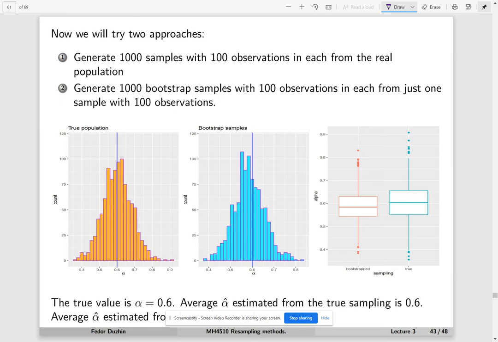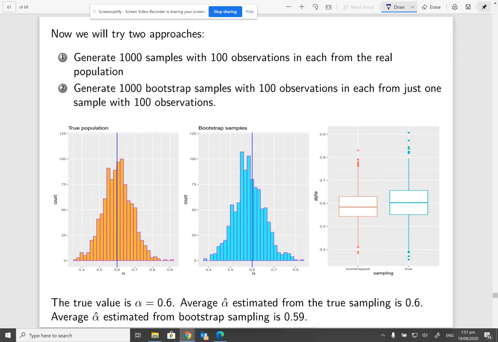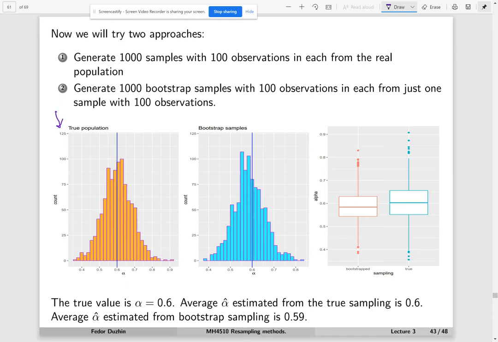Now, I'm going to try 2 approaches. Here is the true population, right? Since I know how the data was generated, it is simulated data, I can generate 1,000 independent samples.